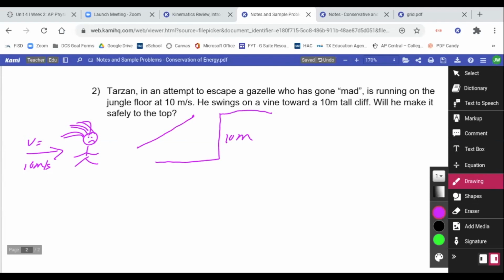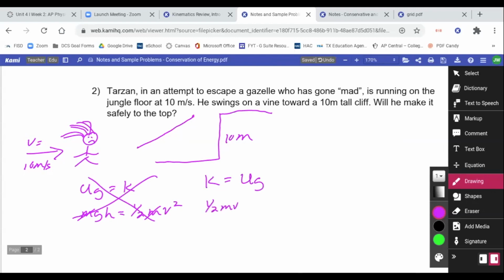Well, his gravitational potential in the beginning will equal his kinetic energy at the end. His gravitational potential is mgh. That's equal to 1/2 mv squared. Again, the masses cancel out. I got those backwards, didn't I? All right, let's pretend I didn't write it that way. His kinetic energy at the beginning is equal to his gravitational potential at the end. 1/2 mv squared is equal to mgh.